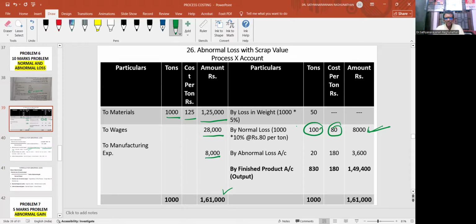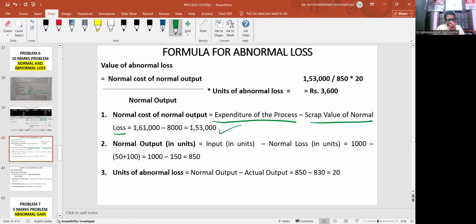Normal loss units means not only this 100; it comprises both, that is 50 plus 100, that is 150 is the normal loss units. 1,000 minus 150, 850.